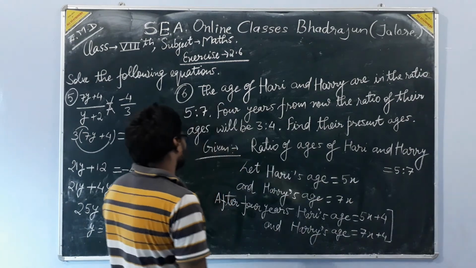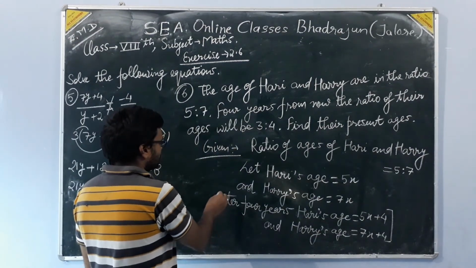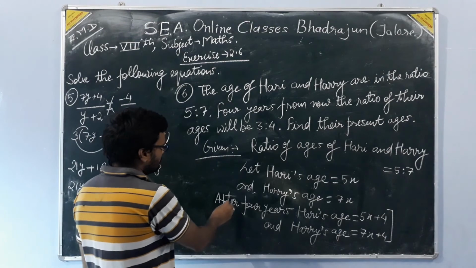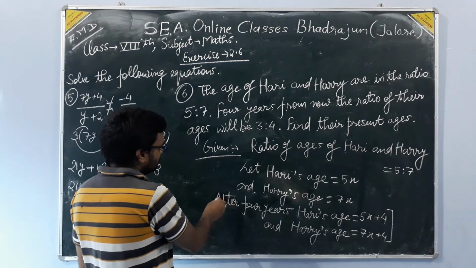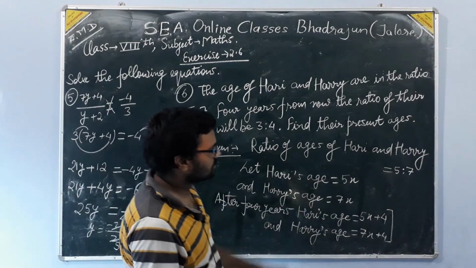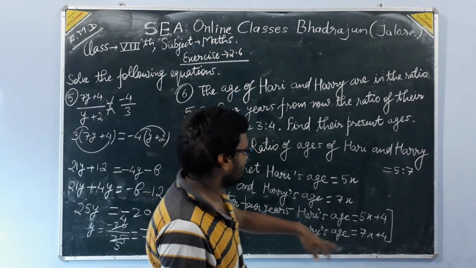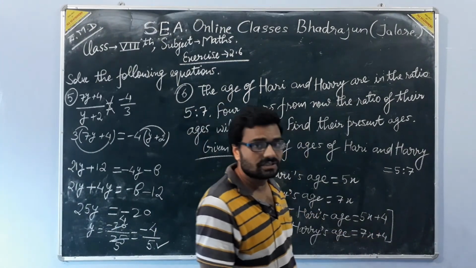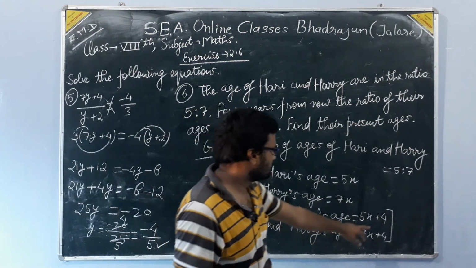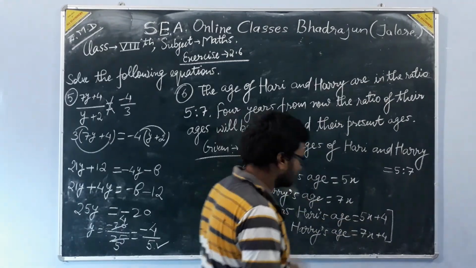Okay, now what we'll do is after 4 years we will get this data, and now ratio is 3/4. According to our question, ratio of these two is 3/4.